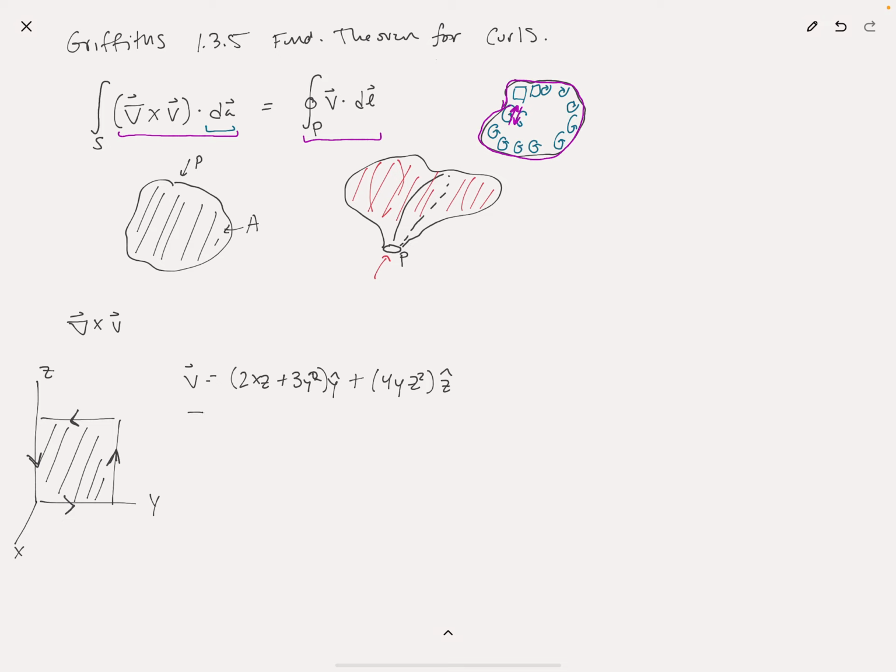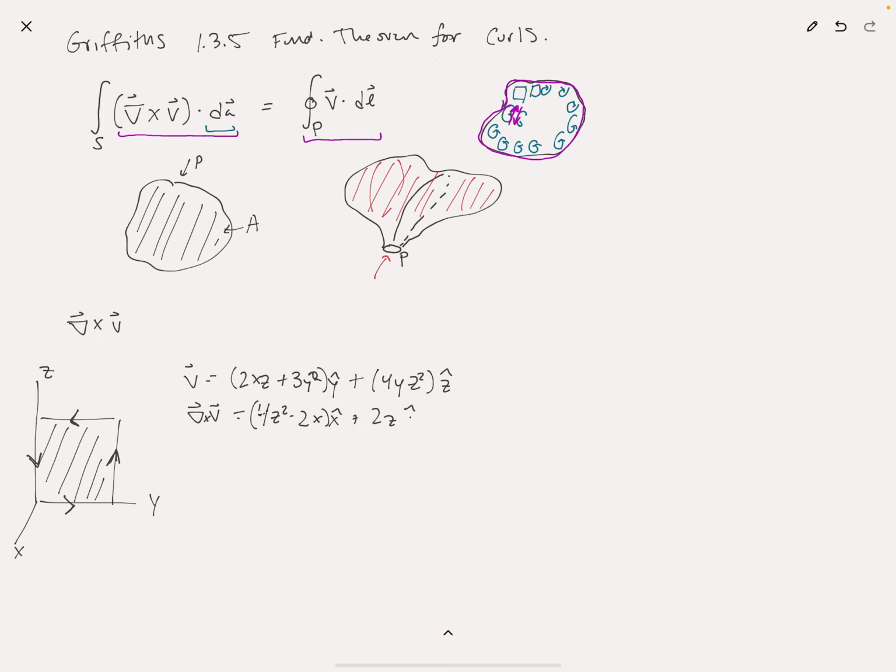So I take the curl of this. I can use the determinant method to calculate this curl, or I can just look and see what Griffiths does, and I'm just going to take that result. That result is that the curl is 4z squared minus 2x in the x hat direction plus 2z in the z hat.